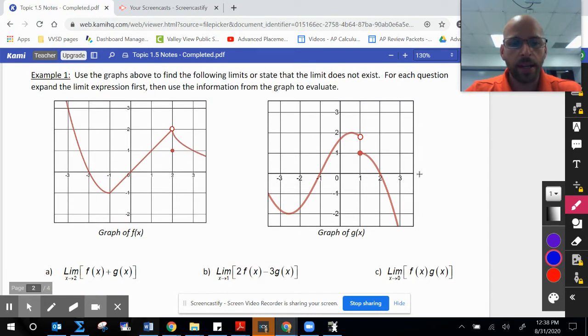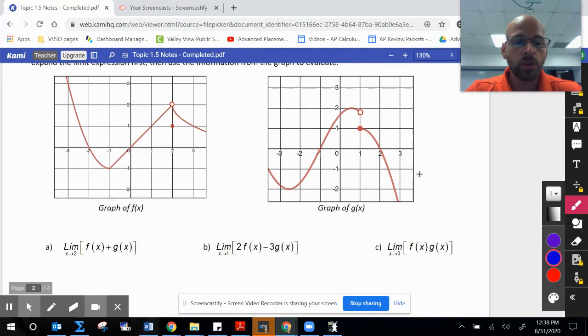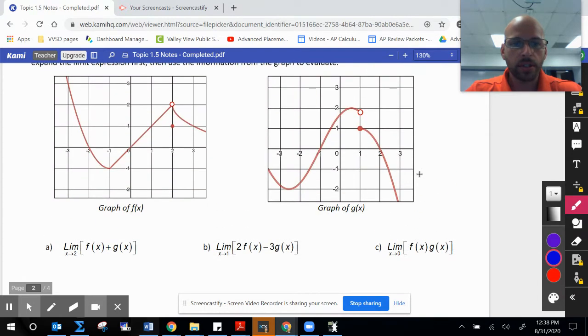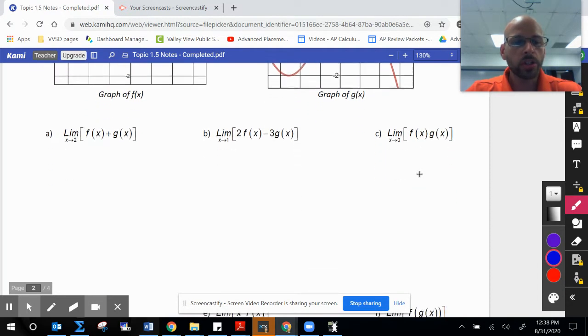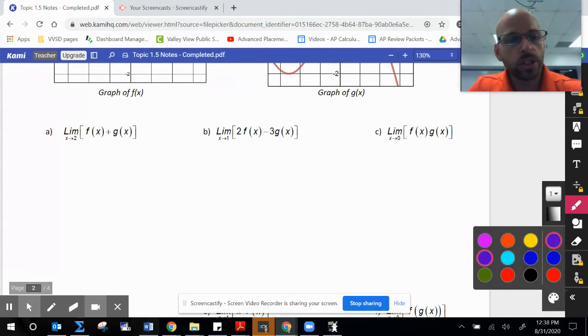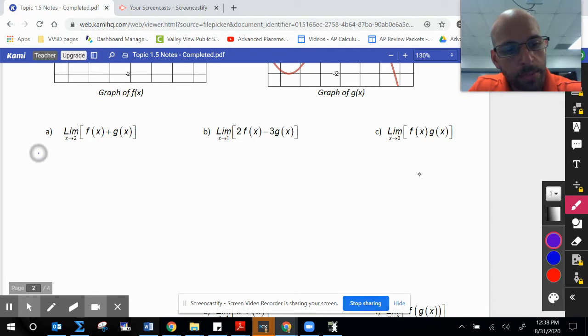So I have an example with two graphs, f of x and g of x. And I want to apply those properties to the following, I think there's 6 limit expressions. We're going to start with part A, the limit as x approaches 2 of f of x plus g of x. And all we're going to do to start here is expand this.